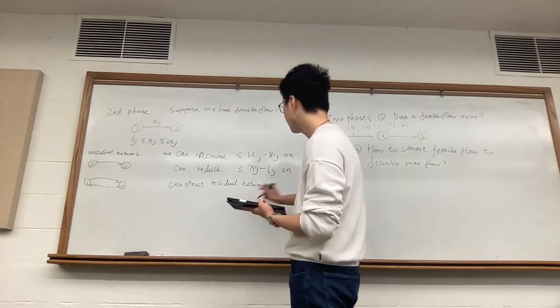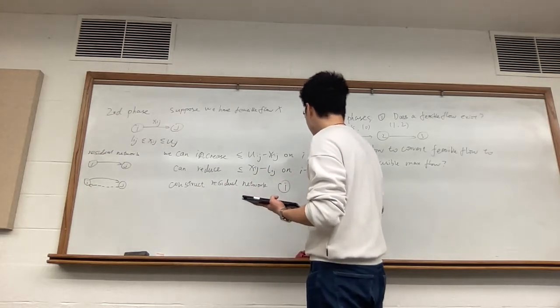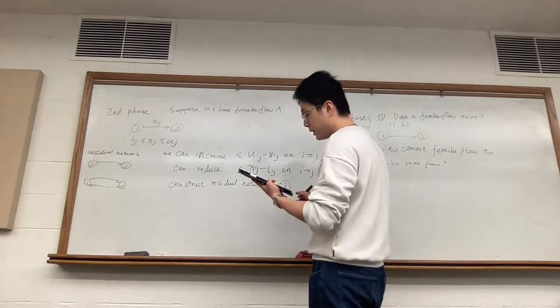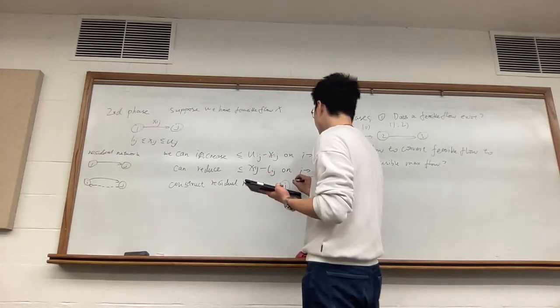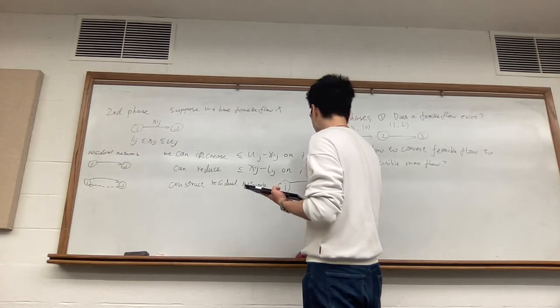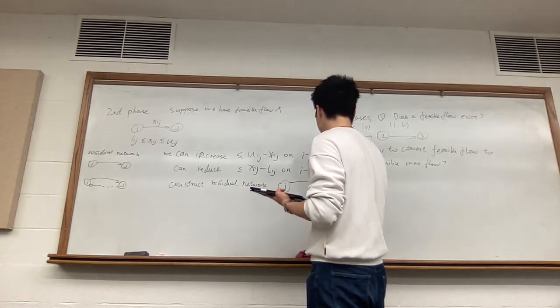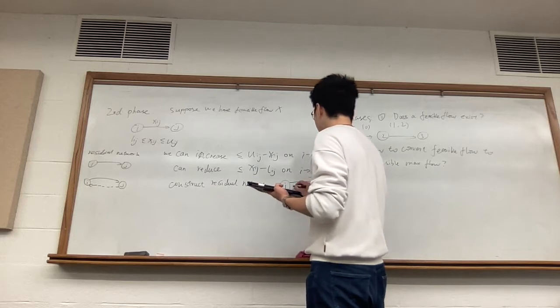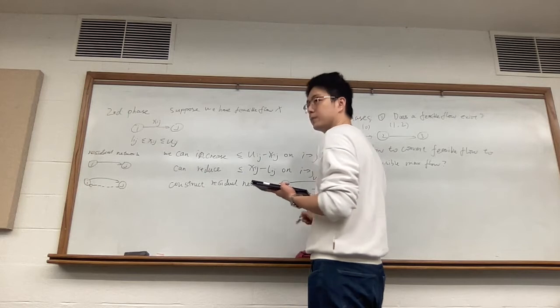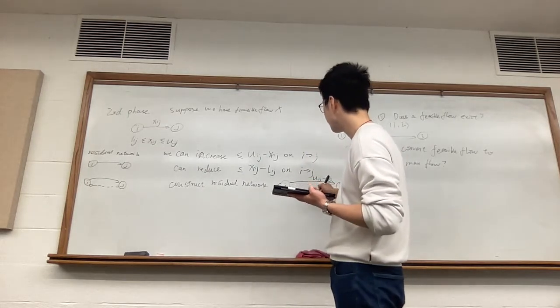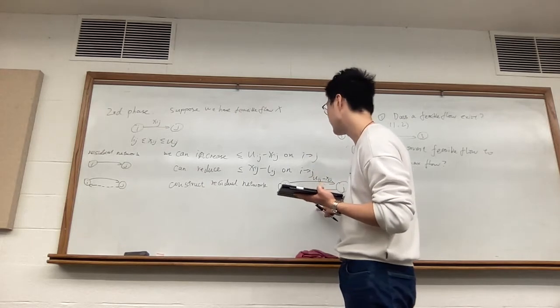So how can we construct the residual network? This is I, this is J, and because we can increase at most Uij minus Xij, the arc from I to J is Uij minus Xij, and the arc from J to I is Xij minus Lij. Clear? You can increase at most this value, and you can decrease at most this value.